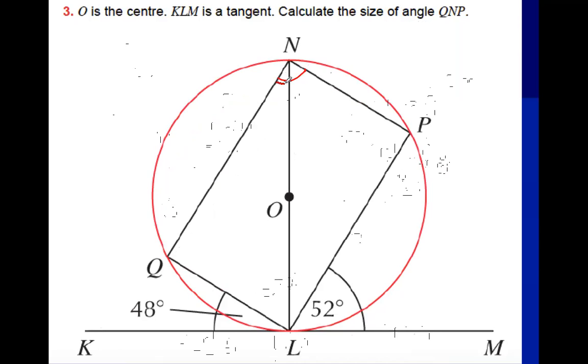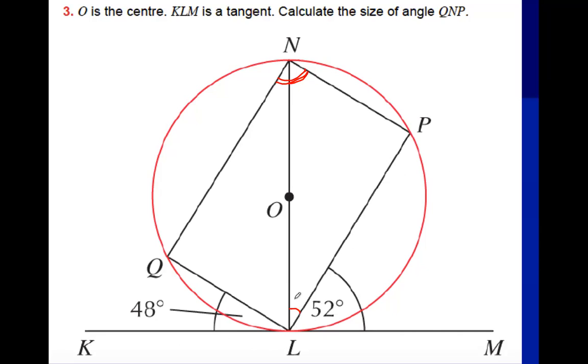So how do we find this angle? I'm just going to look at what I've got here. That's a right angle. We need to be careful, because I've got 52 here and I've got a tangent here.